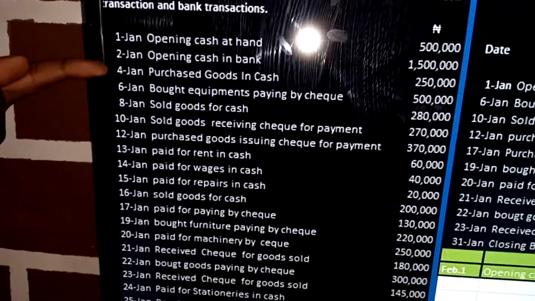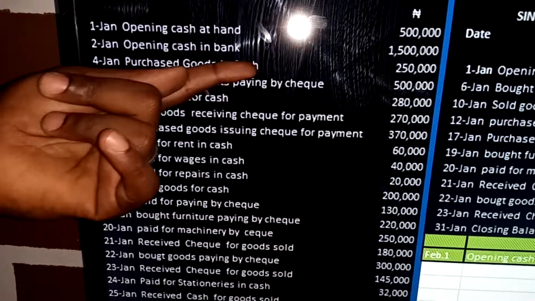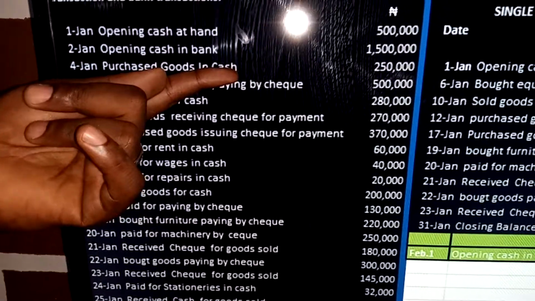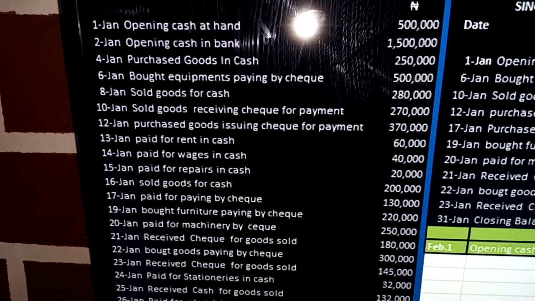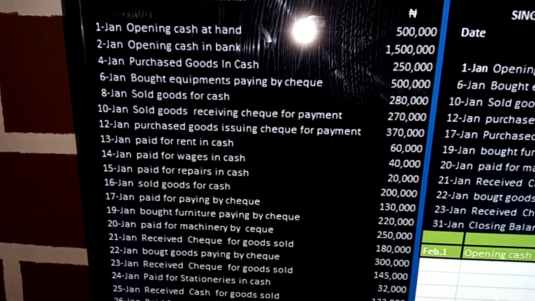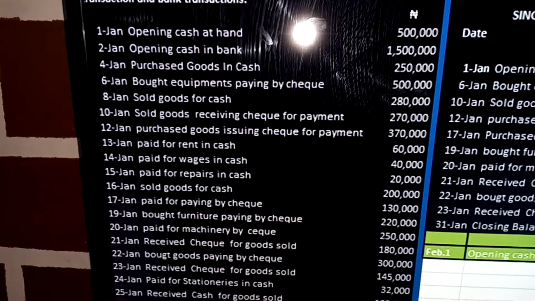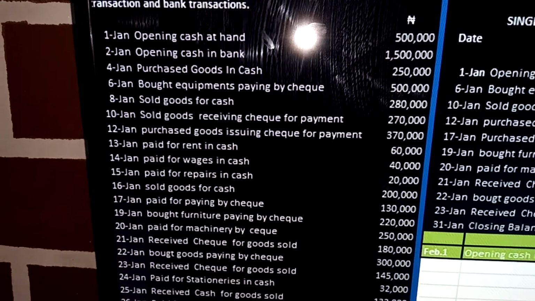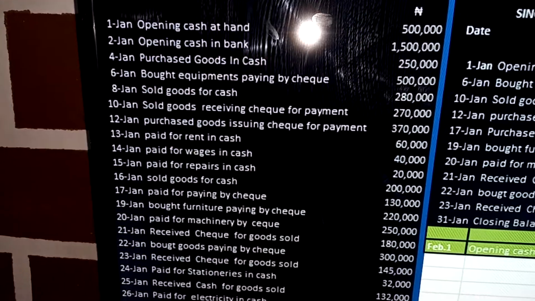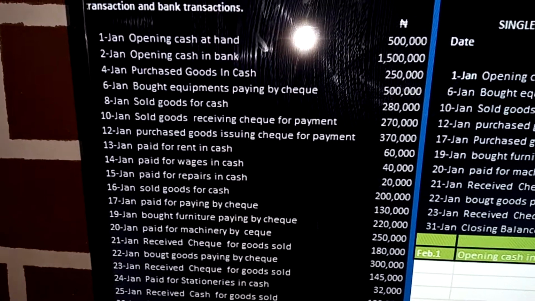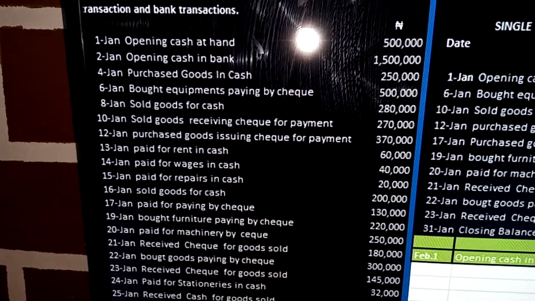4th of January, purchased goods in cash. Before you interpret it, you have to understand the transaction for you to know if it will go into the single column cash book for bank or single column cash book for cash. Purchase goods in cash. If we are buying goods, we are going to be paying cash.